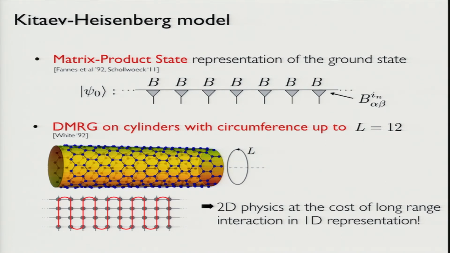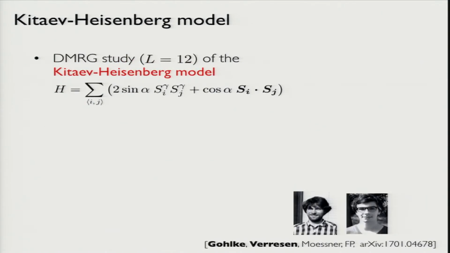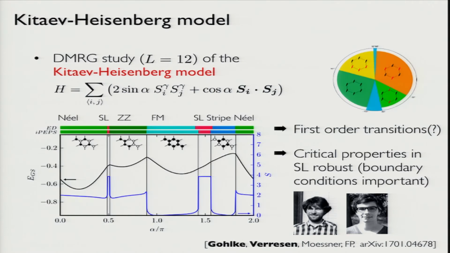So now we can use this method and look at the phase diagram. And again, this is mostly due to work of Matthias Gohlke, who implemented this Hamiltonian into our DMRG code and explored the phase diagram. We parameterize the Hamiltonian by this angle alpha, so that if alpha equals 0, we have the pure Heisenberg model, which is in the Néel phase.